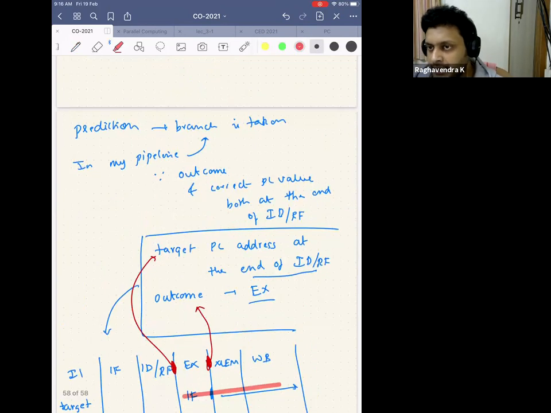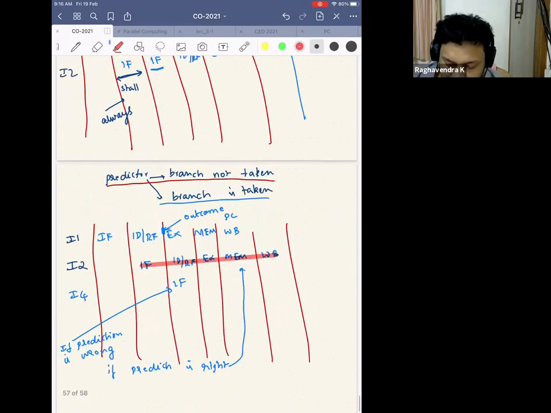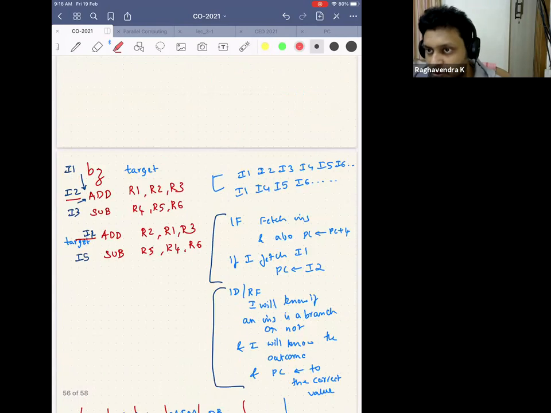In general, though it might look like this might not be possible, in most of the Intel processors, in most of the CISC processors, you will know the target address long before you know the actual outcome of the branch, because the branch instruction itself is a complex mechanism. It will not be as simple as an instruction where I say branch zero or branch not zero or branch equal.